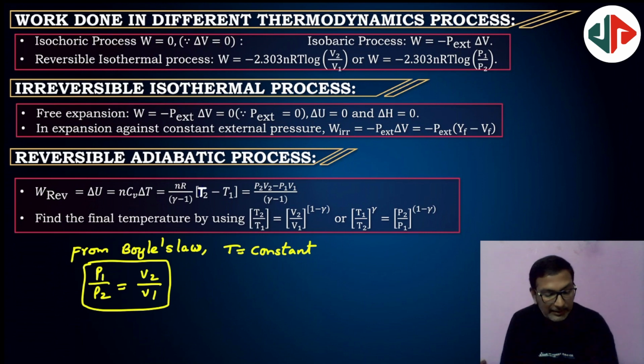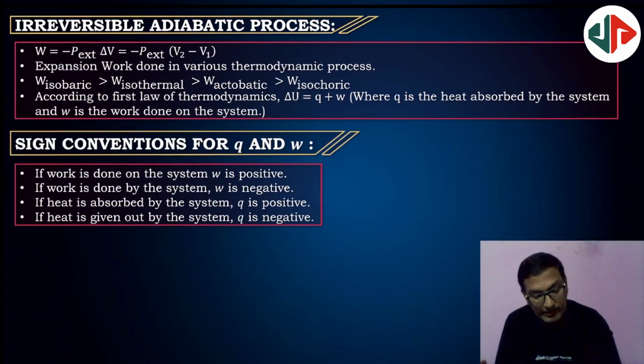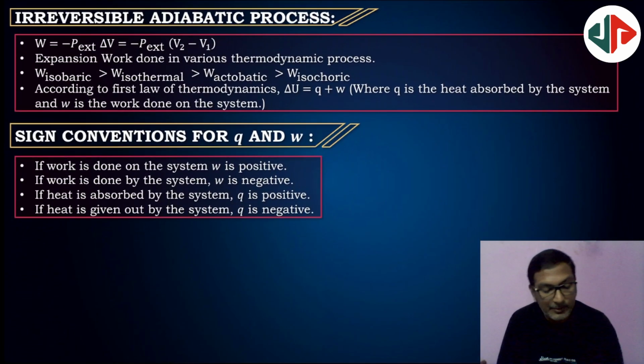Next, final temperature can be determined by using this formula: T2 by T1 equals V2 by V1 power 1 minus gamma, or T1 by T2 equals P2 by P1 power 1 minus gamma. So we know V2 by V1 equals P1 by P2. Next, irreversible adiabatic process.